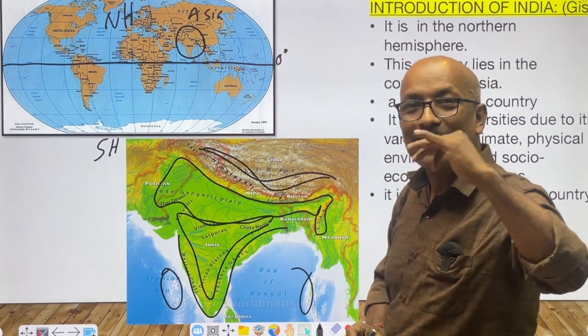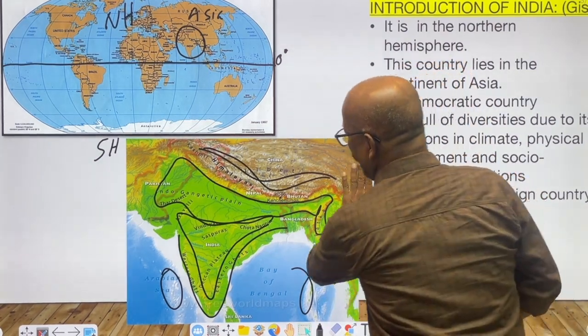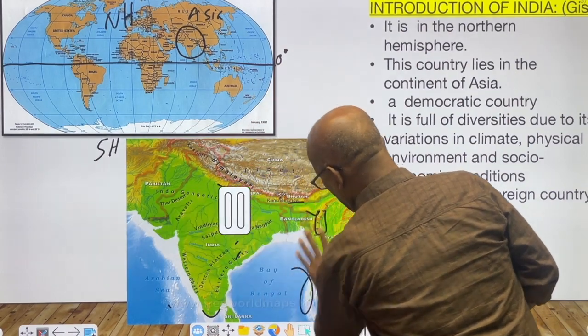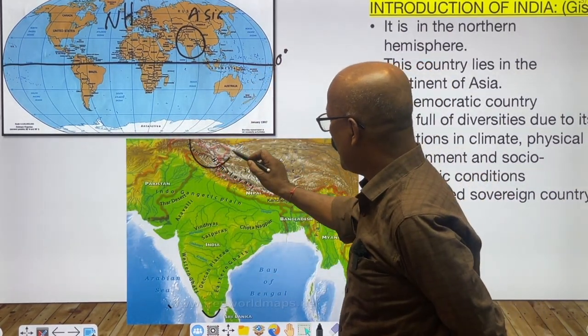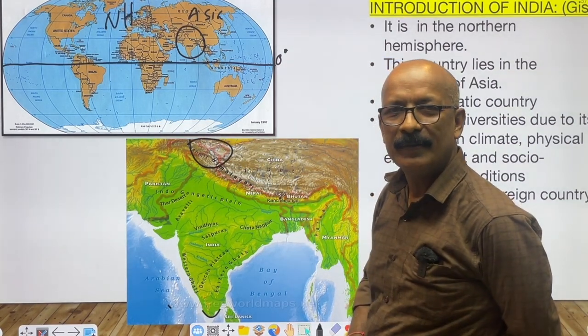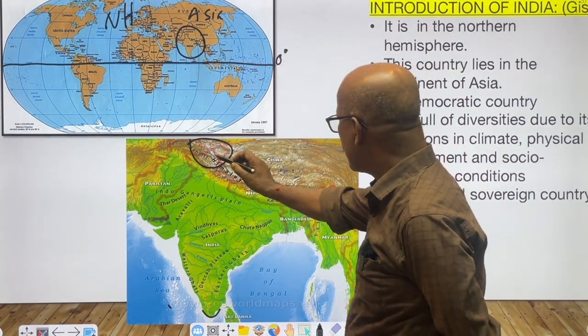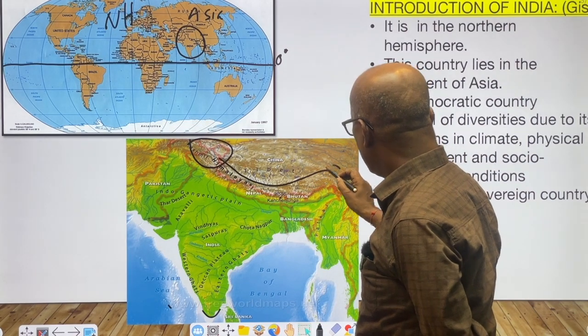Now you see, from the climatic point of view, what happened? This area is a very cold, severe cold area. This is Jammu and Kashmir. This entire portion is a very cold area.